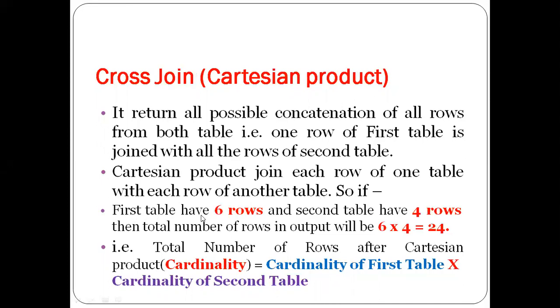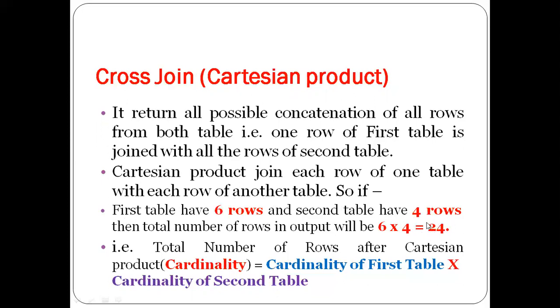So here the first table has 6 rows and the second table has 4 rows. Then the total number of output rows will be 6 multiplied by 4. 6 in the first table, 4 in the second table, so 6 multiplied by 4.